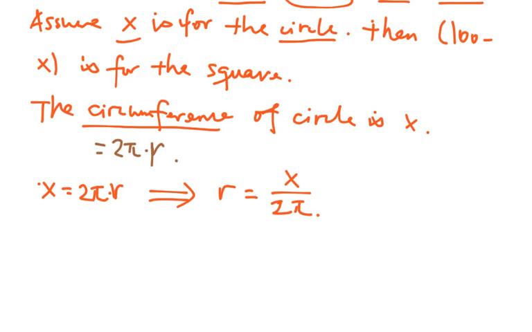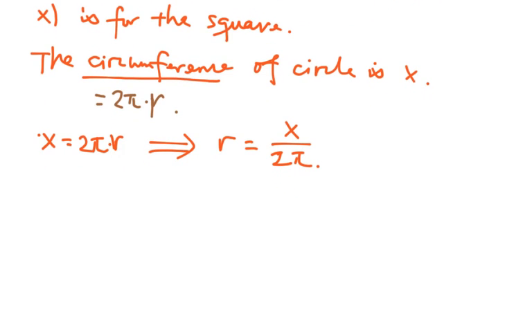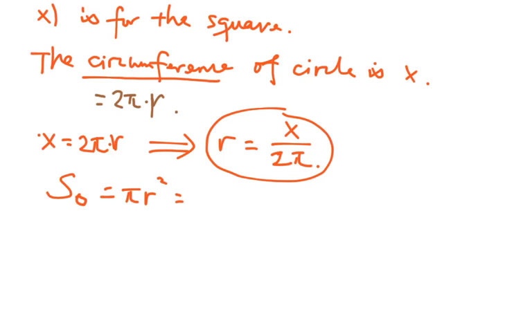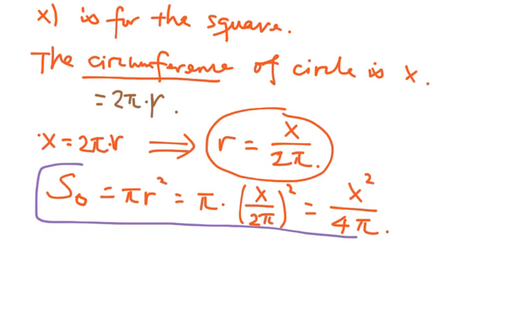So after we know the radius, we can find the area of the circle, which is equal to pi times r squared, but our r here is equal to x over 2 pi. So the area of the circle is given by pi times (x over 2 pi) squared, and if we simplify this, we have x squared over 4 pi. Okay, so this is the area of the circle.